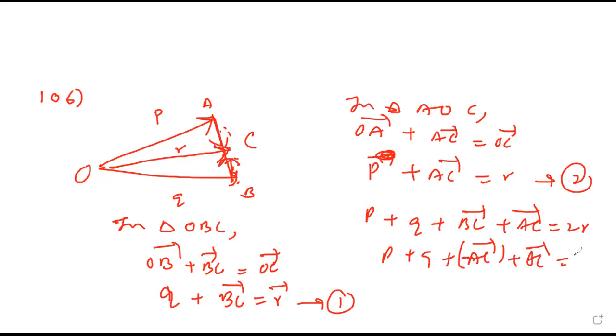Plus AC equals 2R. This will get cancelled. P plus Q is 2R. Important. Equal opposite vectors cancel each other. So BC, AC are equal and opposite, they will cancel each other.